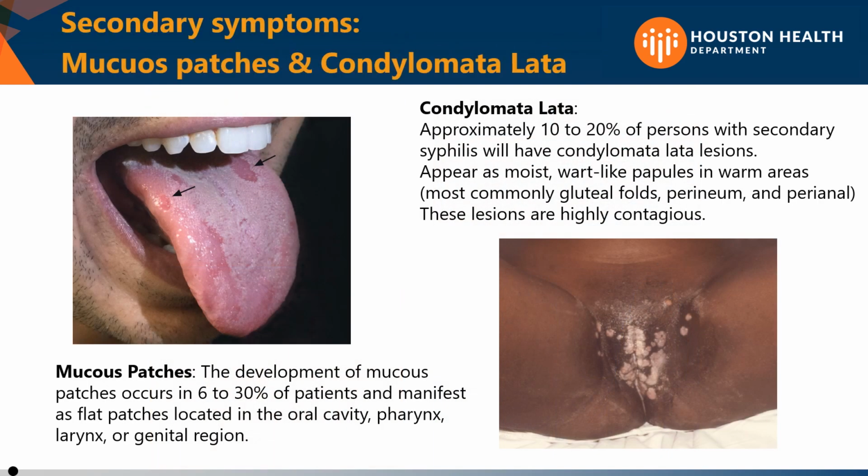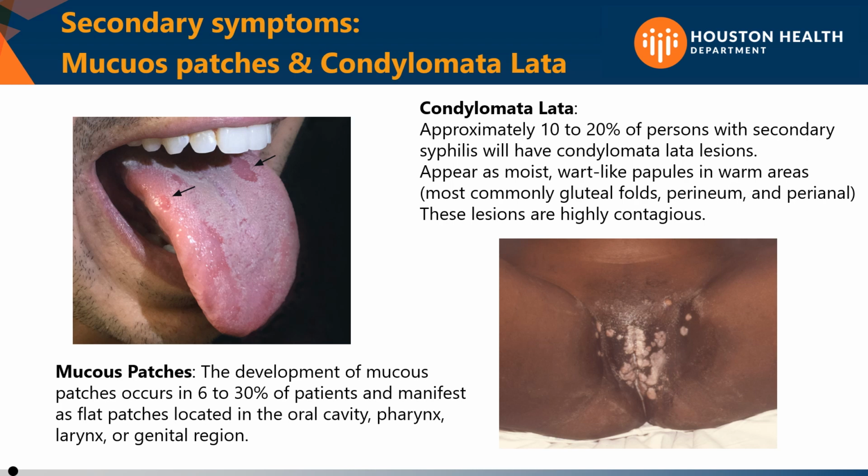Other secondary symptoms that we're going to see on secondary syphilis, we have the mucous patches. These mucous patches, as you see right here on the surface of the tongue, are going to look like lesions. They are actually happening in about 6 to 30% of the patients, and they can manifest as flat patches located in the oral cavity, the pharynx, the larynx, even the tongue, and also inside the genital region.